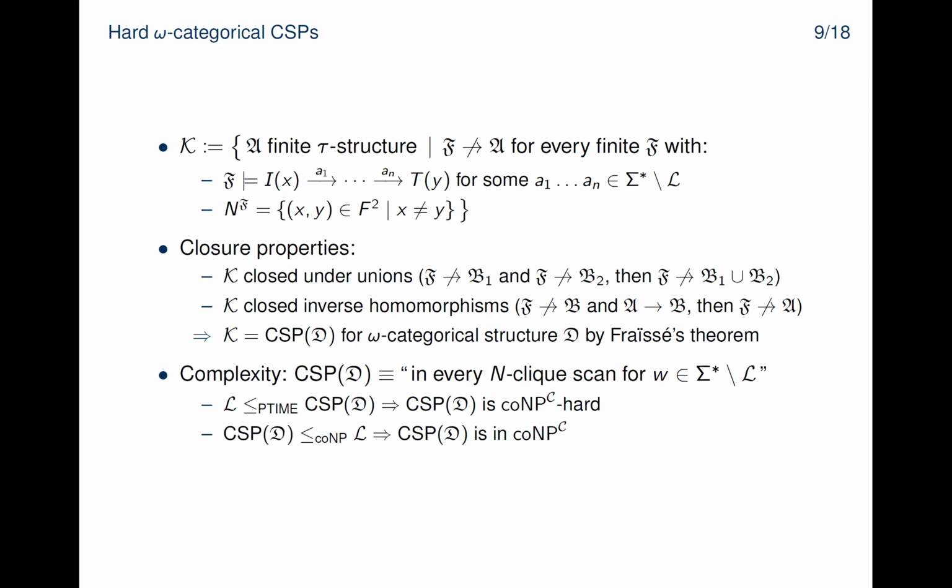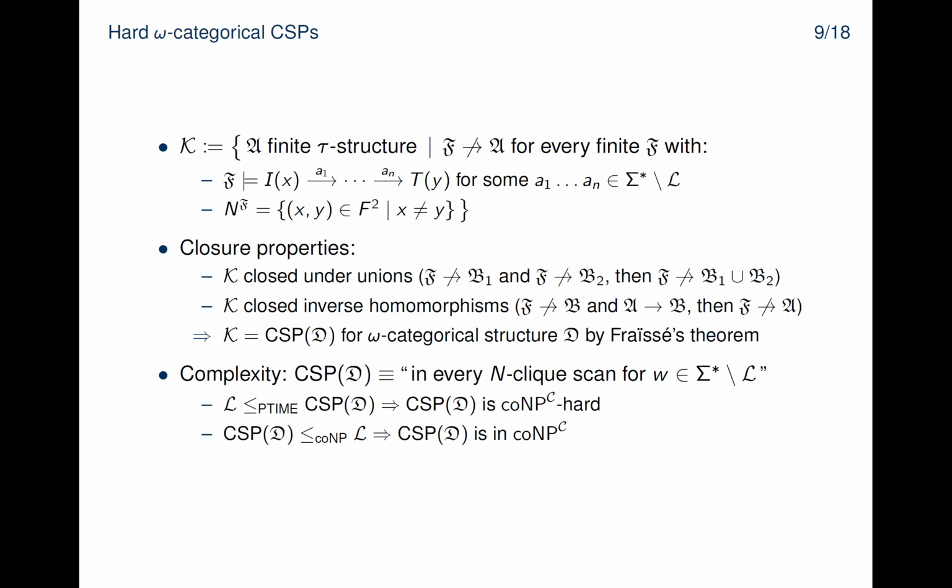Now, what about complexity, right? Because I just told you how to get the omega-categorical CSP, but I haven't told you anything about the complexity. If you think about what the CSP of D does, the CSP of D is the problem of checking whether in every n-clique of a given instance, the words that are encoded in this n-clique do not come from the complement of the language, right?